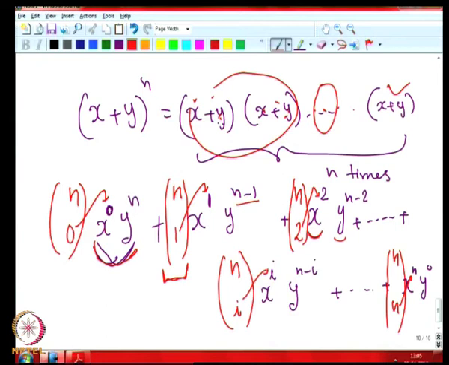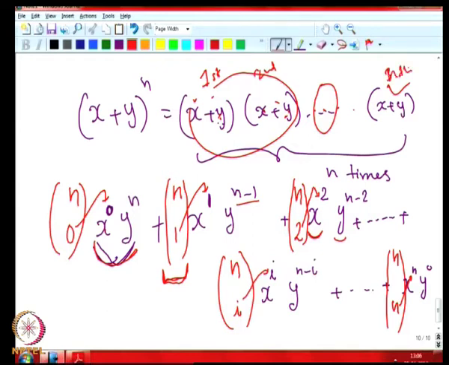So this is the binomial theorem formula. You see here we have crucially used this notion of n choose i. What is n choose i? We always say an n element set, which has the first term, second term, third term, up to the nth term.